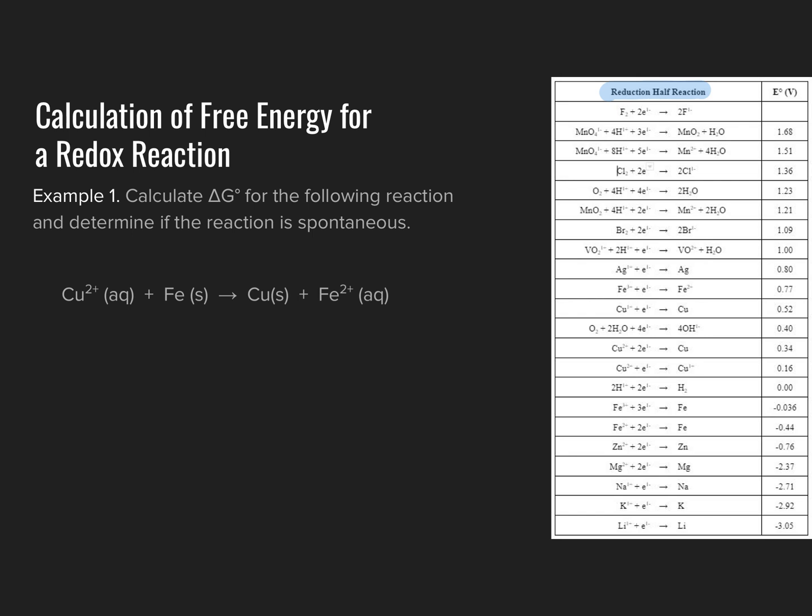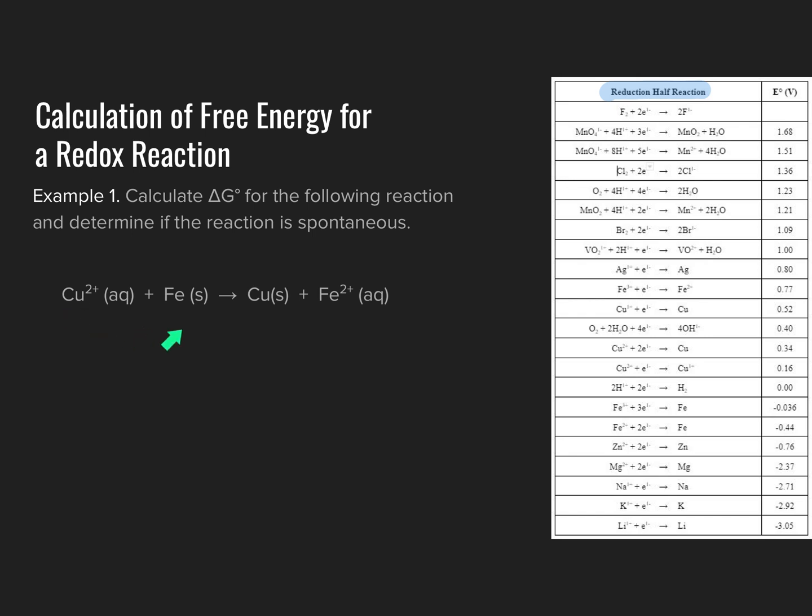So let's have a look at the reaction as written and determine, first of all, which species are being oxidized and which species are being reduced, and then identify the corresponding half reactions. Starting off with the copper. The copper initially is in a +2 oxidation state on the reactant side.